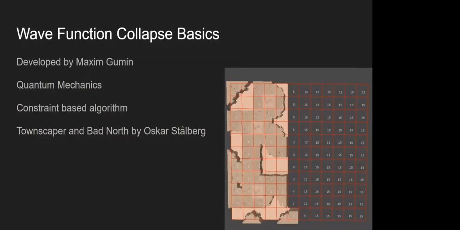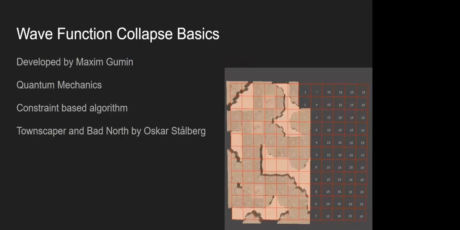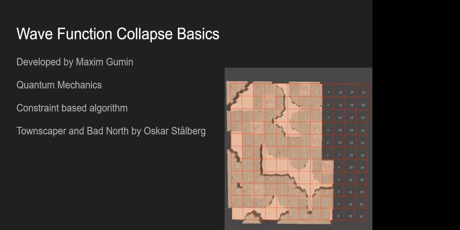The way it works in this project is that each time you place a tile in the grid, it constrains the cells next to it on what kind of tile they can be. As you can see in the GIF, each time a tile is placed, the number goes down in the cells next to it, and the number is the different possibilities it can be.